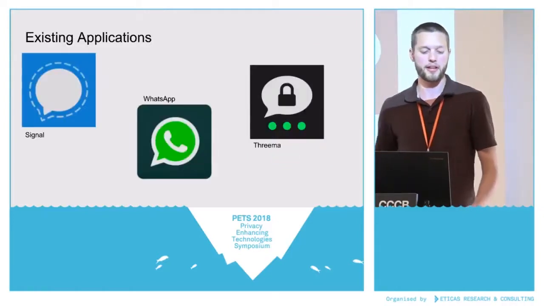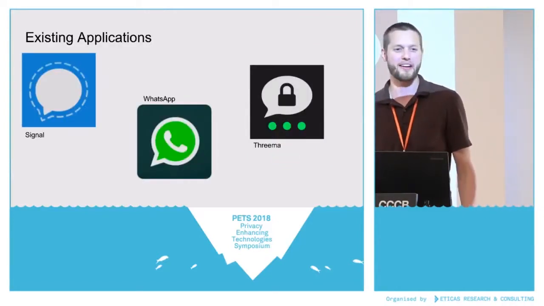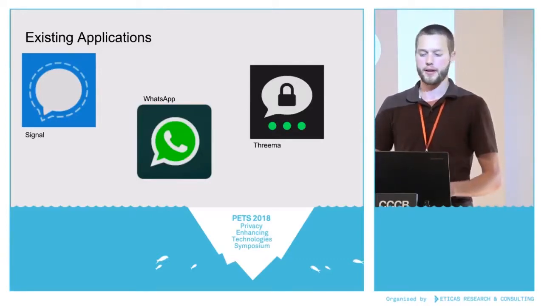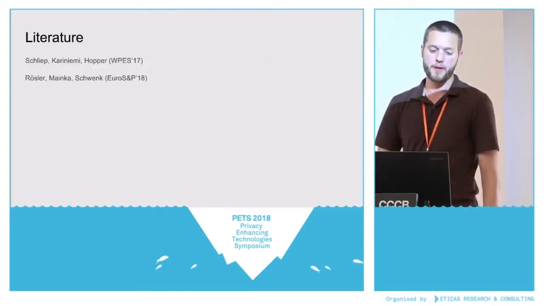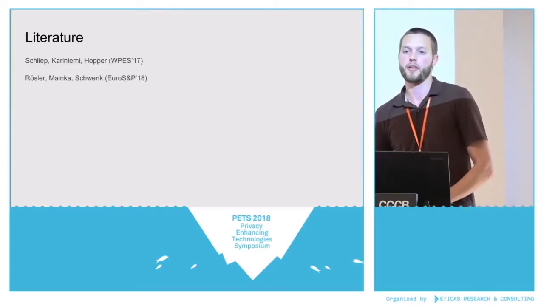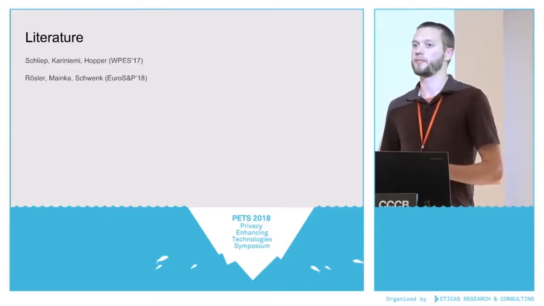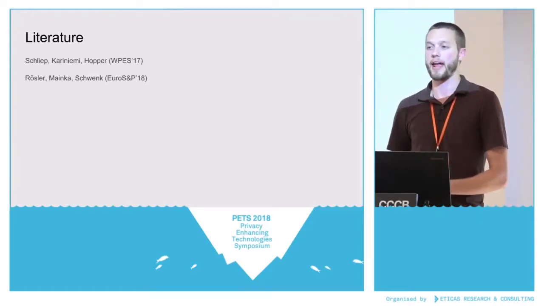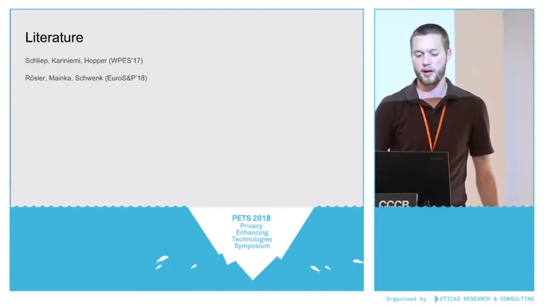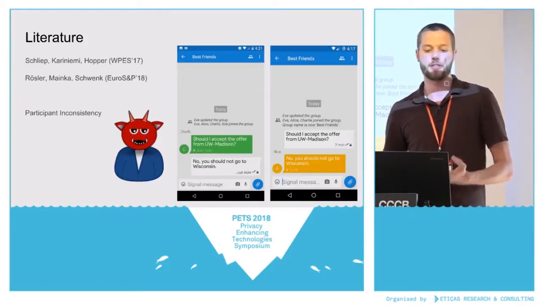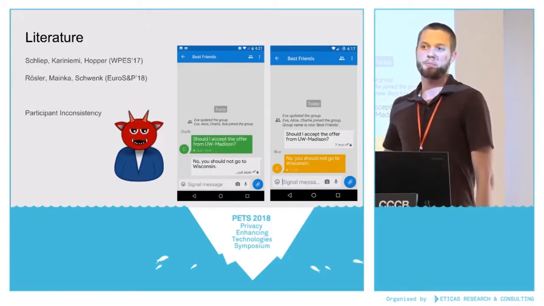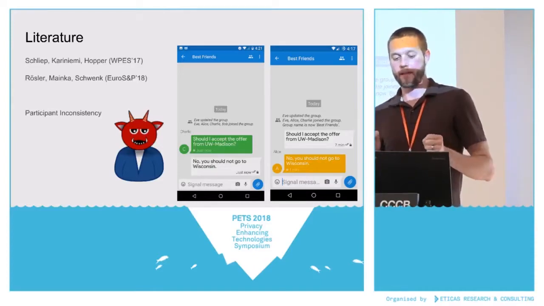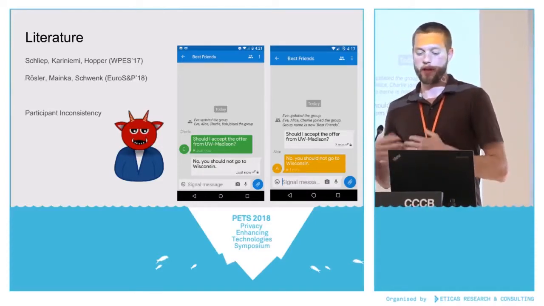So existing work, right, you've probably all heard of Signal and WhatsApp and Threema have this end-to-end security. They generally focused on the two-party case and then bolted on the group setting afterward. There's been some recent literature that has looked at how the group messaging is affected in their designs and protocols, and has identified a handful of vulnerabilities, one of which is a participant inconsistency vulnerability, where a malicious participant, Eve, can convince the group of Alice, Charlie, Bob, and Eve, or can convince some of the group that Bob isn't part of them.